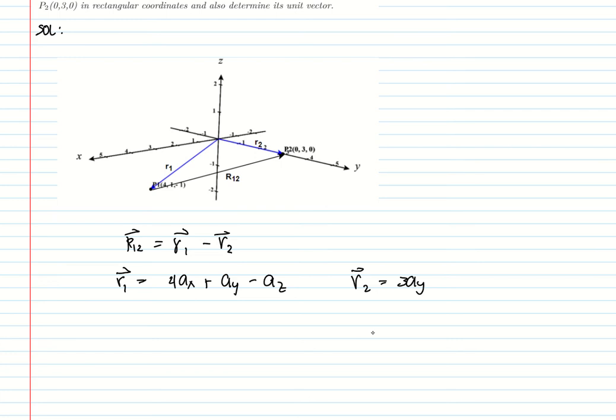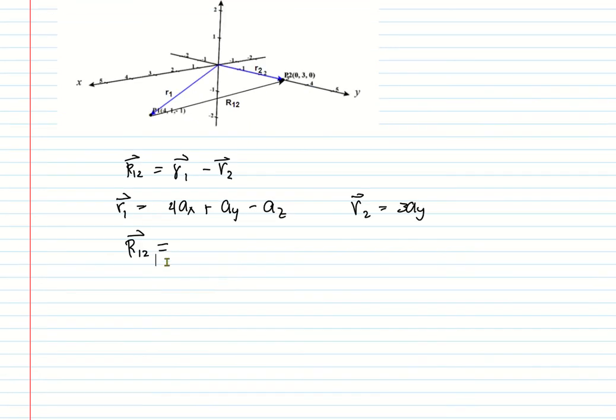If we want to solve for R12, we just need to subtract. Based on our previous discussion of the operation of vectors, we can only add or subtract vectors that have the same direction, or in other words, we can add or subtract the vectors component by component. In R1 we have 4ax + ay - az, while in R2 we don't have any component in ax, we only have a component in ay, and none in az.